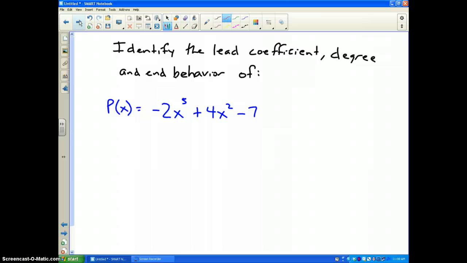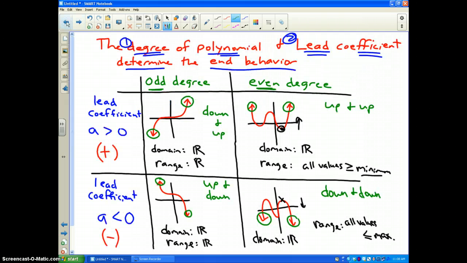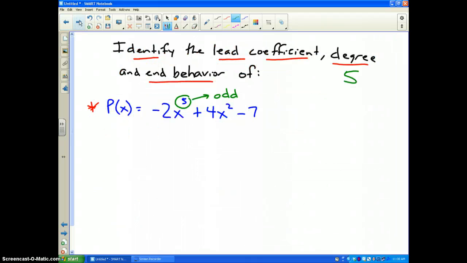All right, let's practice. Here's a polynomial, and let's say we were going to graph it. Well, before we can graph it, we got to identify the lead coefficient, the degree, and then determine the end behavior. Well, first of all, it is degree 5. This is odd. So going back one page, we are in the odd column. We look at the lead coefficient. The lead coefficient is -2.